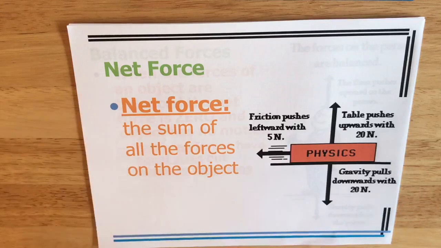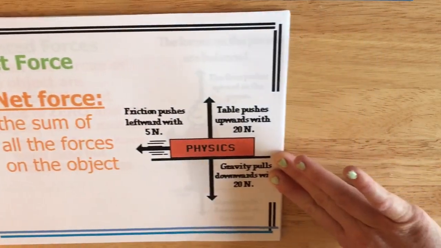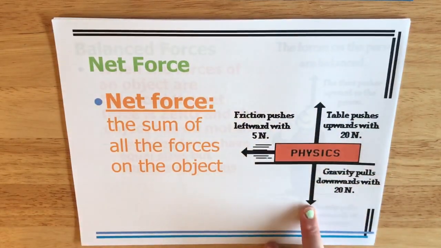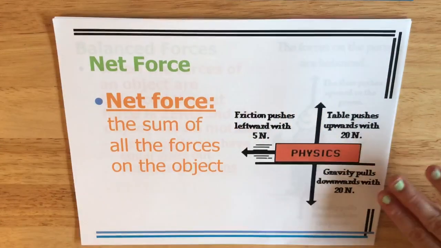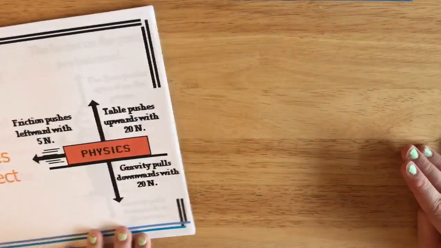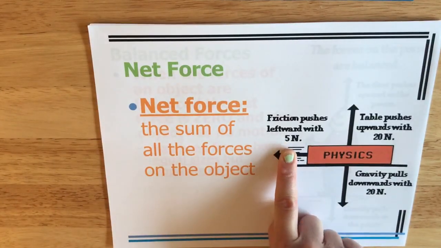But if friction is going to push to the left, now the net force is the 5 newtons being pushed leftward, because the 20 down and the 20 up are going to cancel each other out. So the only force that matters is the force to the side. That's why you see that the net force is 5 newtons left.